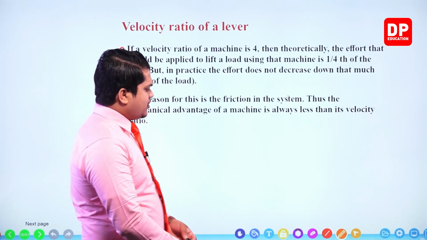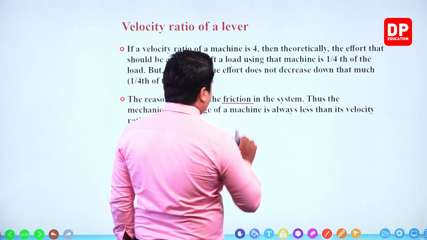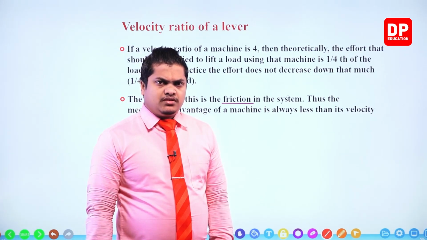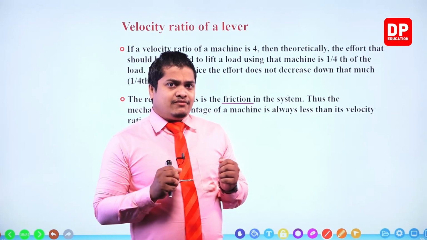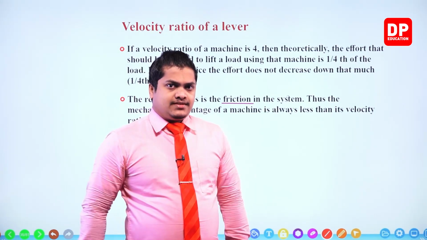What is the friction? What do you mean by this friction? A new term, friction. What is friction? So, friction is a special kind of force which is created by two contact surfaces.